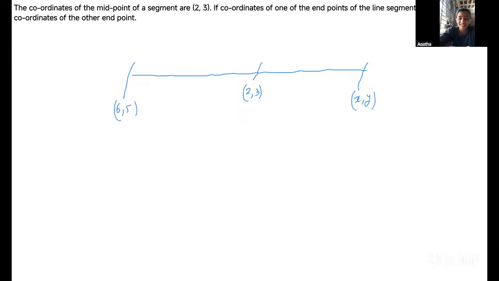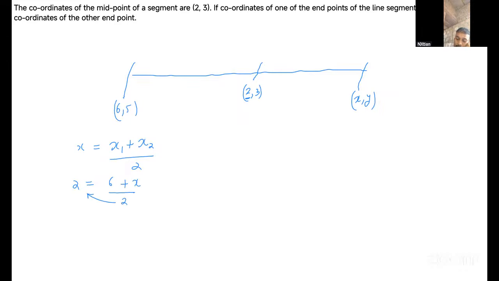Now we have the formula x is equal to (x1 plus x2) by 2. So x is 2 because it's the midpoint x. So 2 equals (6 plus x) by 2. If I solve this, it becomes 4 equals 6 plus x, so x equals -2.